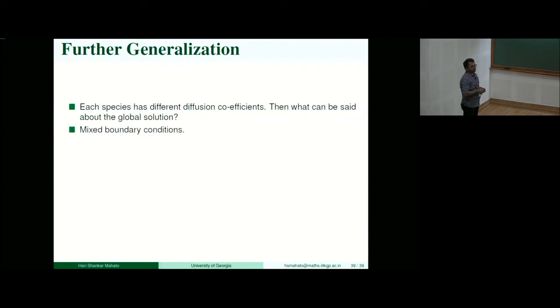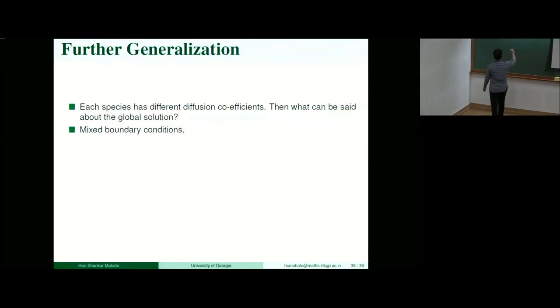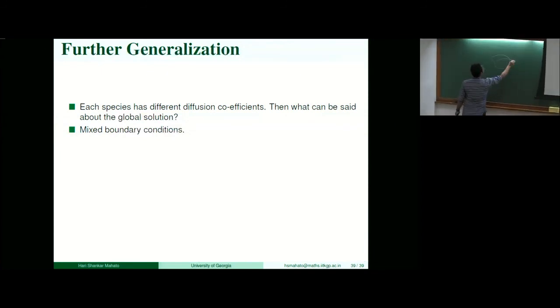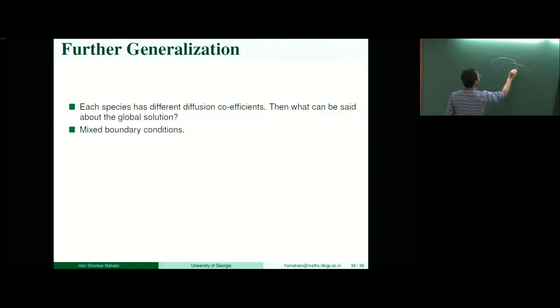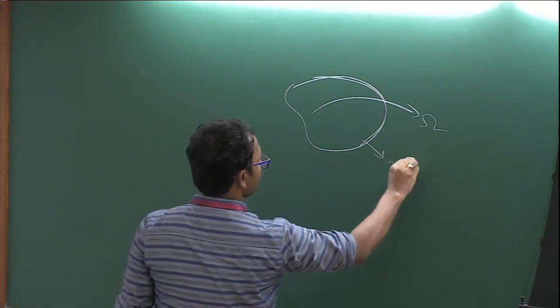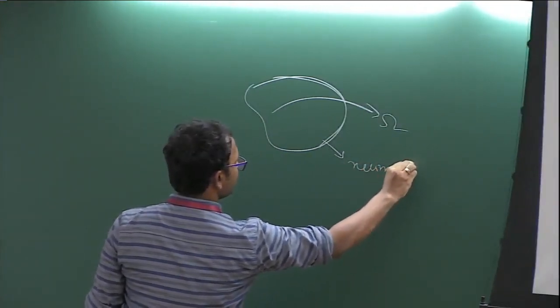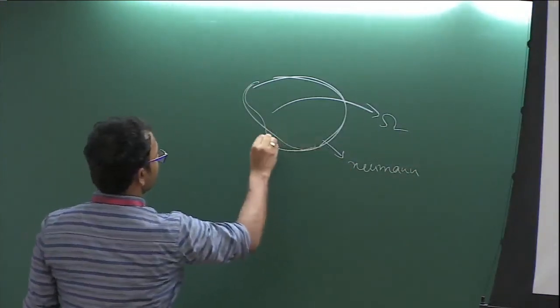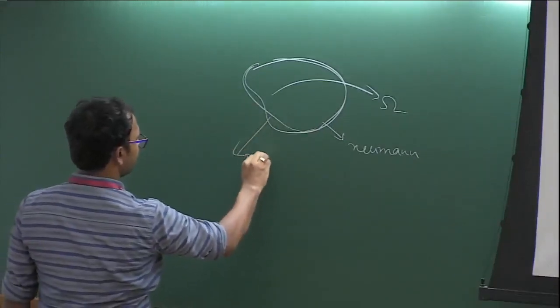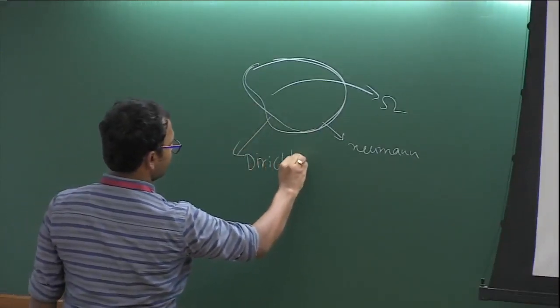Another one is, instead of having a Neumann boundary condition or flux condition, if you alter the condition, say this is our domain, omega, and here you have the Neumann or flux boundary condition, and on the other part you have the Dirichlet.